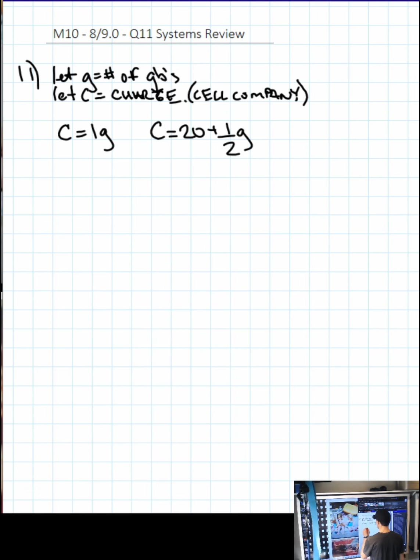Because we're wondering what the intersection is, we're going to make them equal to each other. So we can say 1G equals 20 plus 1/2 G. Now notice in the last equation I timesed both sides by the lowest common denominator. Let's not this time. Let's subtract 1/2 G from both sides.